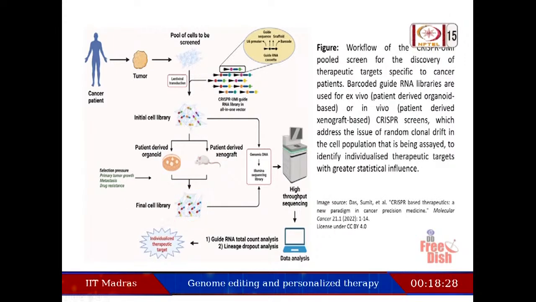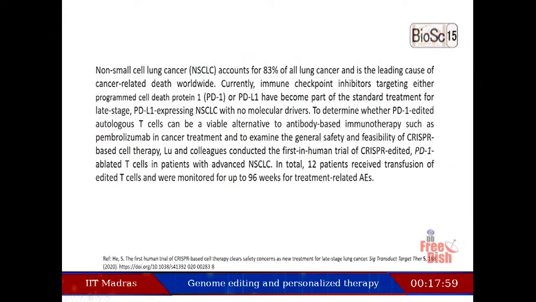And then this data along with the original initial cell data, we go for sequencing and then the data analysis. So, this will give us information on the guide RNA total count analysis and the lineage dropout analysis, from which we try to develop the individualized therapeutic target.